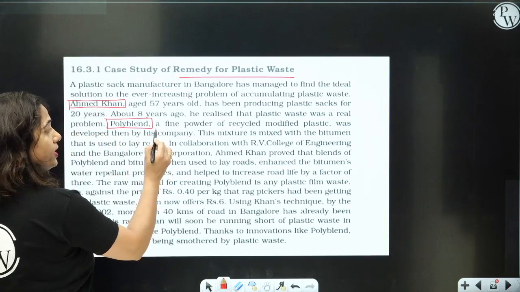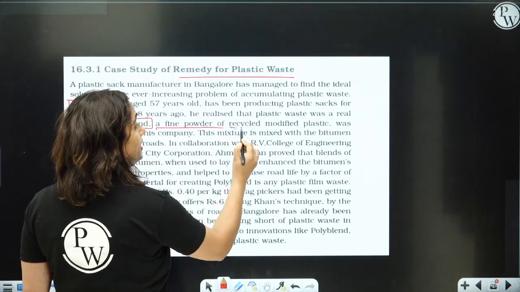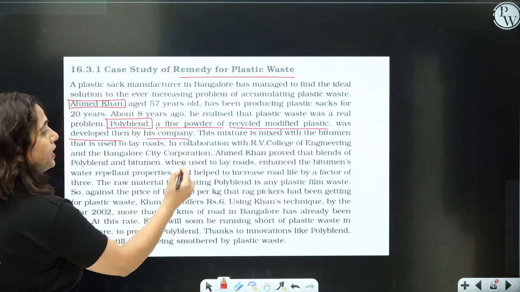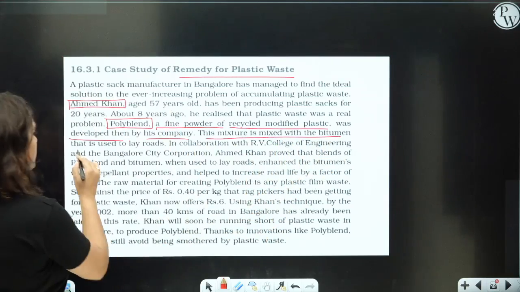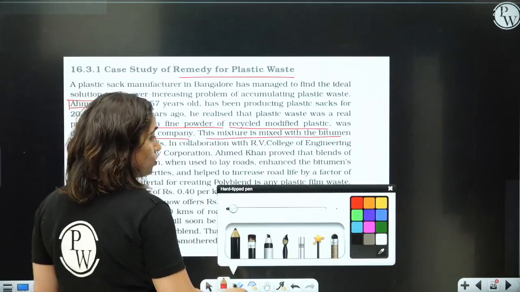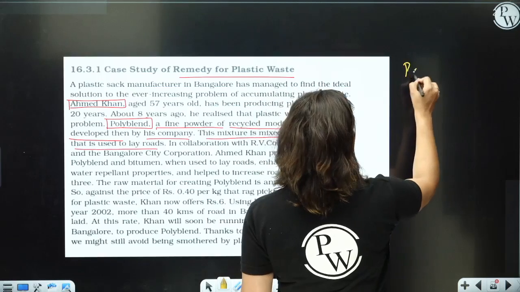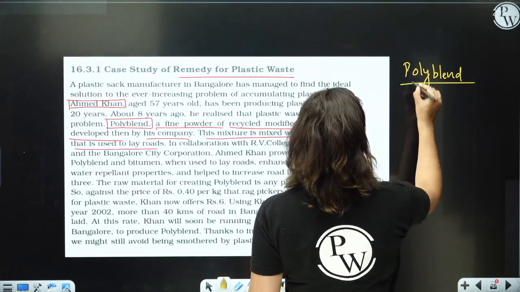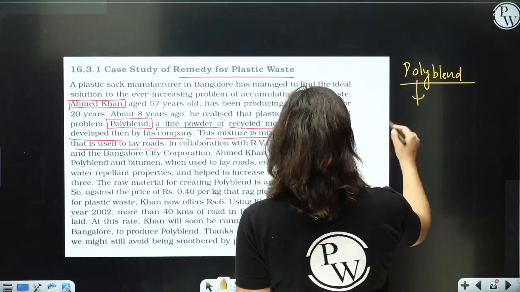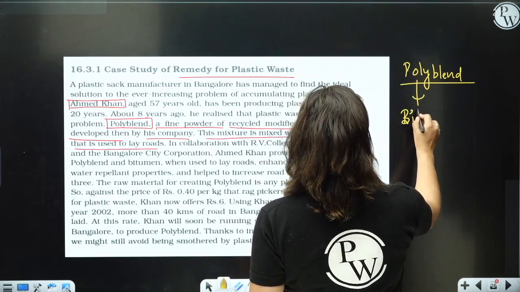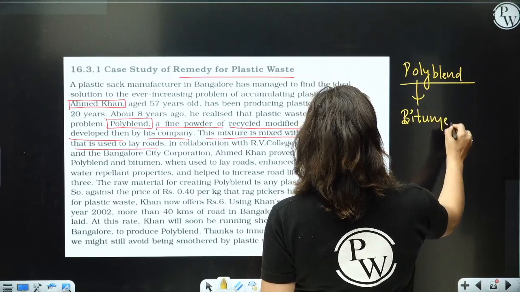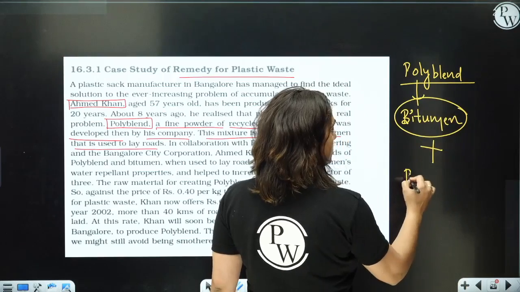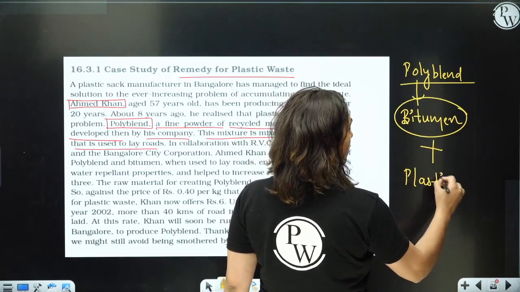A polyblend is a fine powder of recycled modified plastic that was developed by his company. This mixture is mixed with bitumen that is used to lay roads. So what is polyblend? This is important. A polyblend is a mixture of bitumen plus plastic waste.